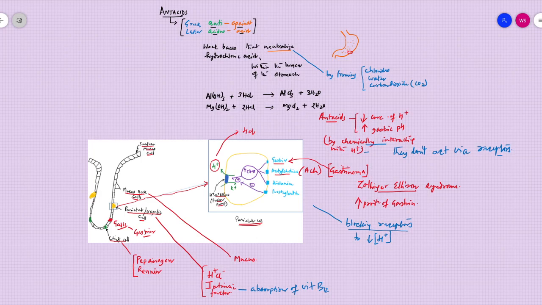Okay, so we have got the first point that we discussed, which was the definition.